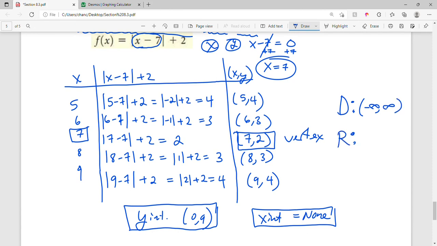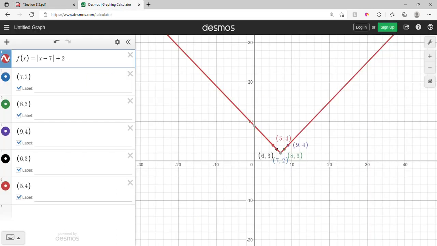And for the range, we're looking for the y values. Looking at the graph again, the lowest y value that we can have is that 7, 2. At that point, 7, 2, the y coordinate is 2. So the smallest value that we can have for y is 2, but it could go up forever.